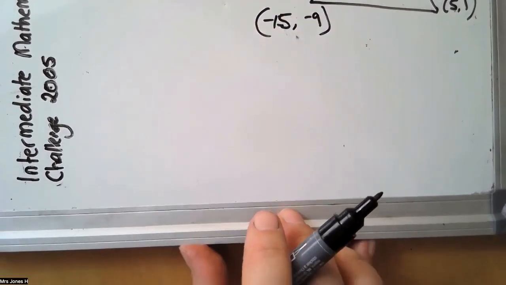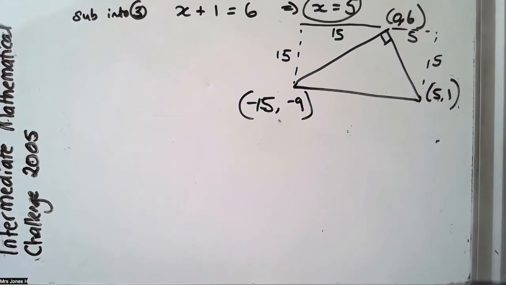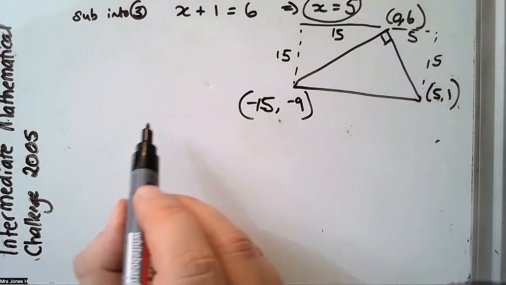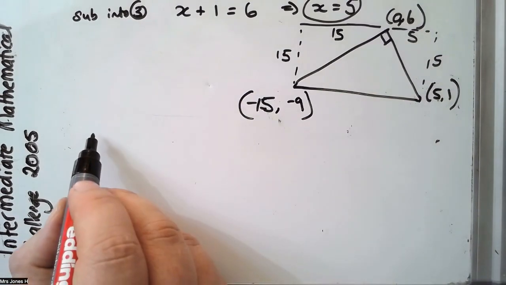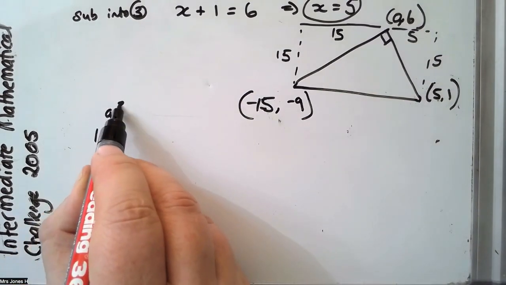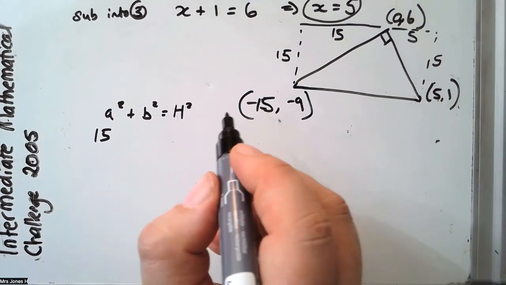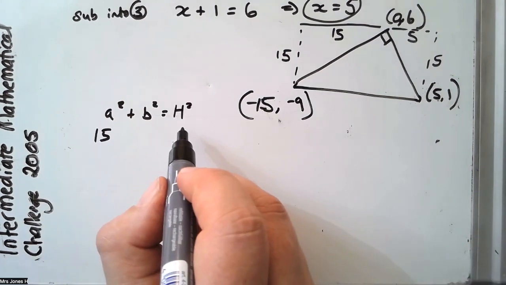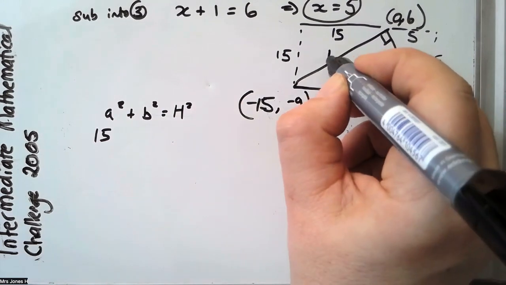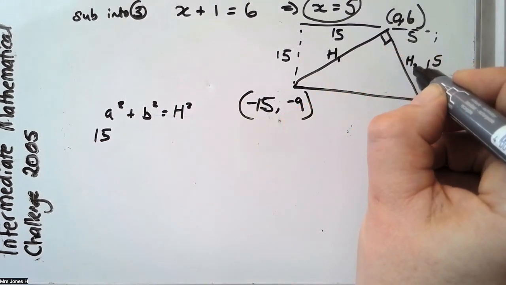So Pythagoras, I have two triangles here. The first one is 15, 15. So therefore we've got a squared plus b squared equals h squared, I'm calling it h squared because I'm looking at my hypotenuse here. We've got h1 here and h2 here.